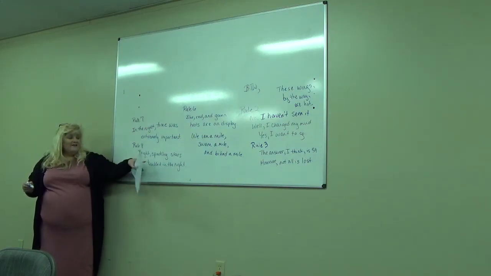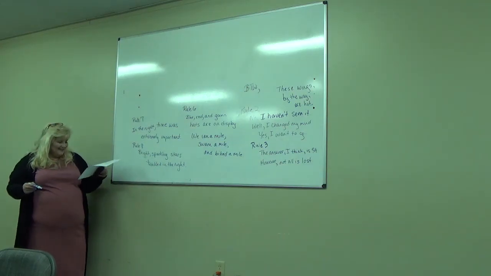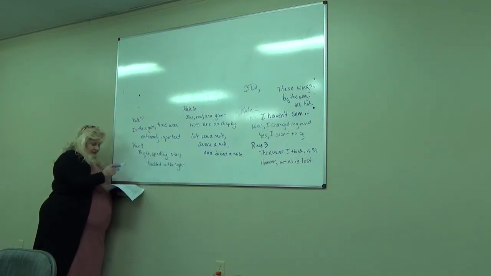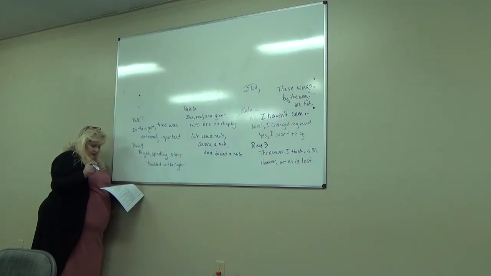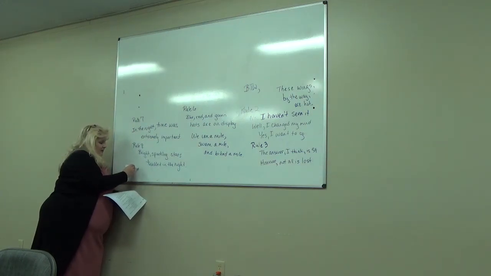Okay, now I get to tell you the exception to this rule, for Rule 8. So, if the two adjectives, if one of them is a color or a limiting adjective, then you don't place the comma there. What's a limiting adjective? That's a good question.